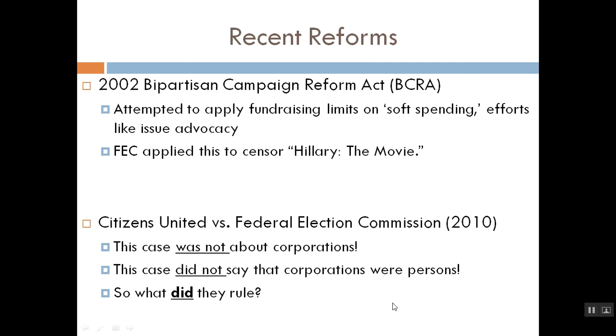The court goes on to tell us that if the First Amendment has any meaning, if the First Amendment has any force, it is quite simply this, that the government cannot jail or punish citizens or associations of citizens simply for engaging in political speech.